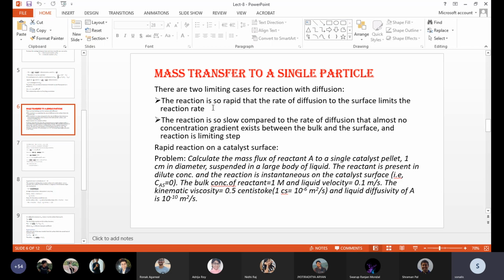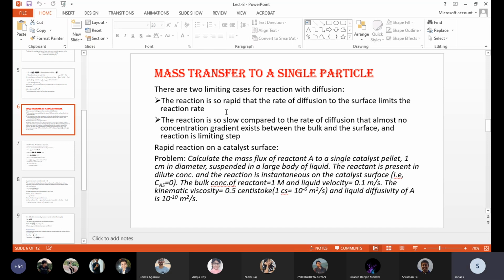One is that the reaction is so rapid that the rate of diffusion to the surface limits the reaction rate. Once the reactant molecule reaches the surface of the catalyst particle by diffusion, it is consumed then and there. As soon as the molecule comes on the catalyst surface, it reacts and produces the product.